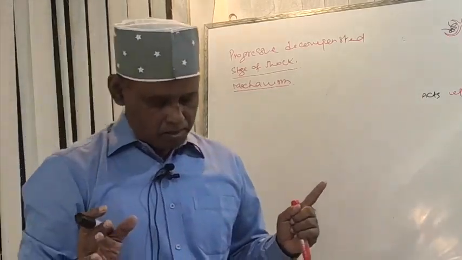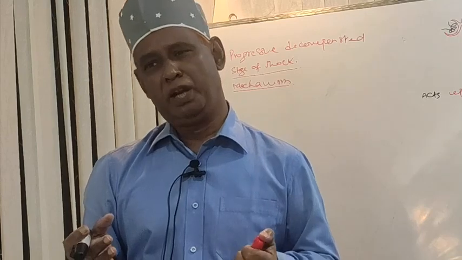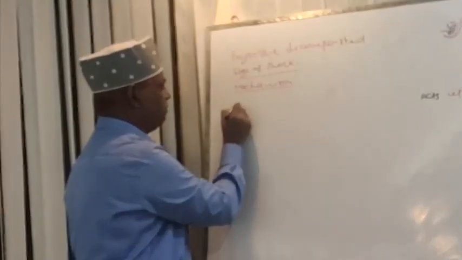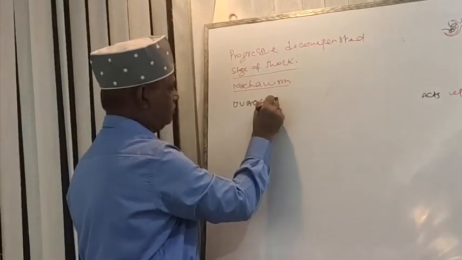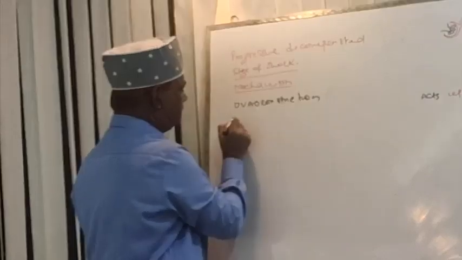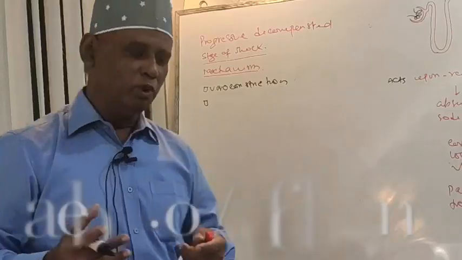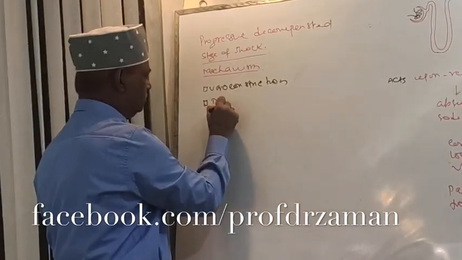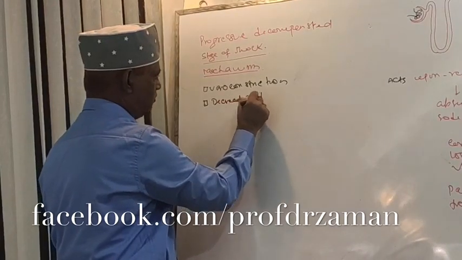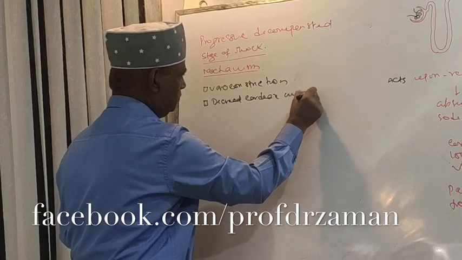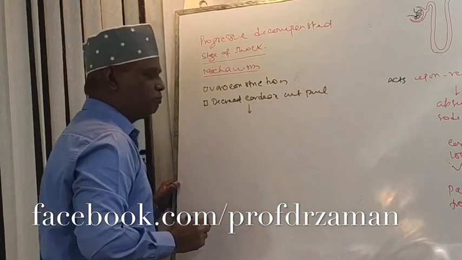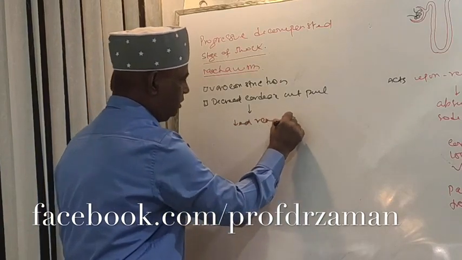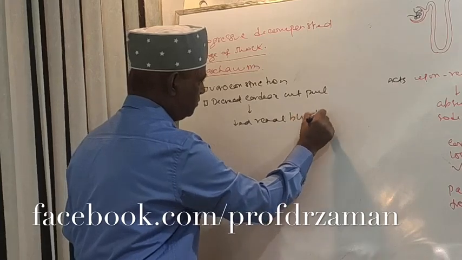Again, suppose there is 15% blood loss, there will be hypovolemia, and following hypovolemia, first is vasoconstriction. Due to decreased volume, there will be decreased cardiac output. Due to decreased cardiac output, there will be decreased renal blood flow.